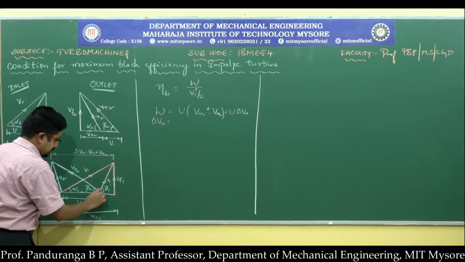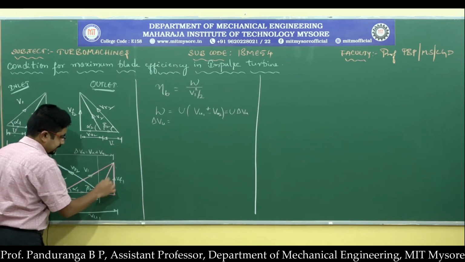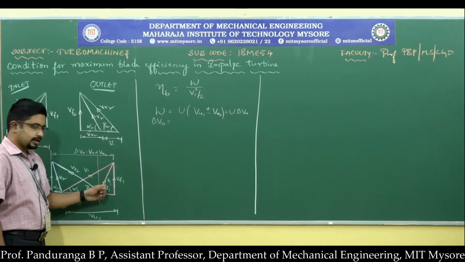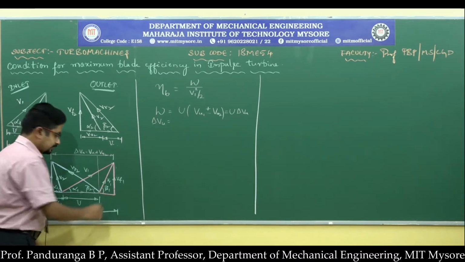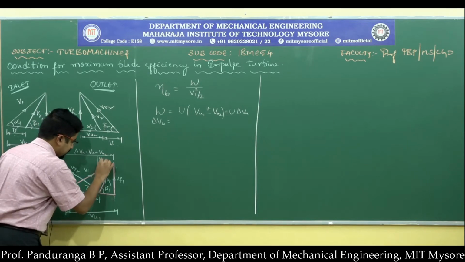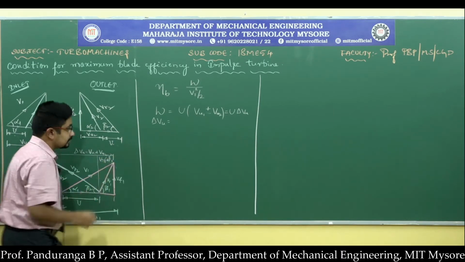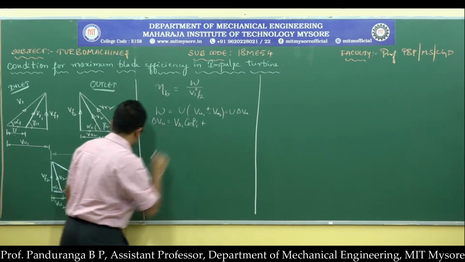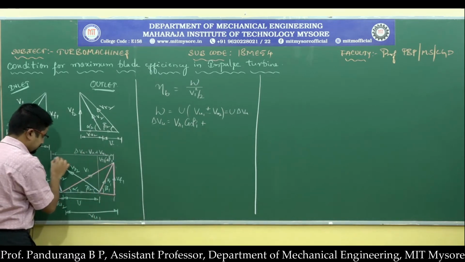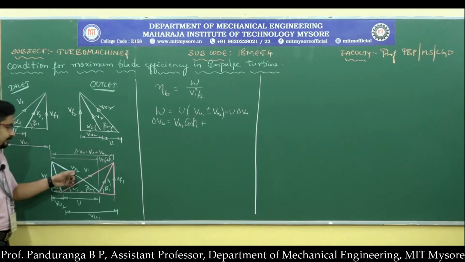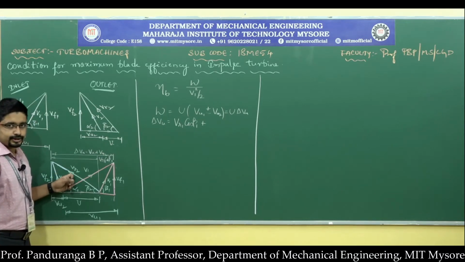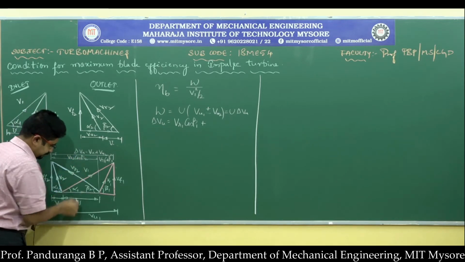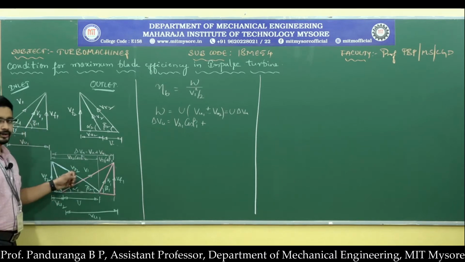If I take the horizontal component of VR1, it is VR1 cos beta 1, from here till here. Then I need the distance from here till here, so I can go for the horizontal component of VR2, which will be VR2 cos beta 2.